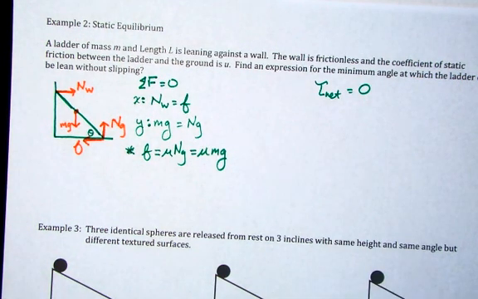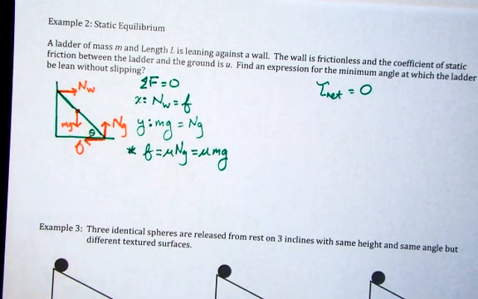Now, because this ladder is in static equilibrium and it's not slipping, we can actually pick any pivot point we want on the ladder. If it were actually turning and spinning, we would have to pick the point at which it was spinning. Does that make sense? We would have to know that. But in this situation, since it's not in motion, we can pick it wherever we want. That's the advantage of static equilibrium problems.